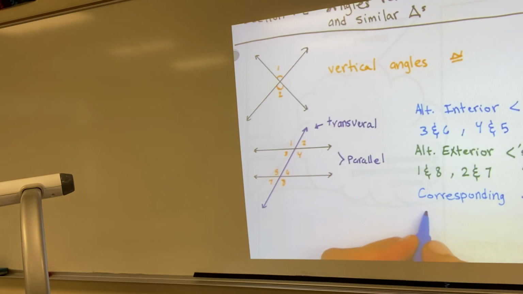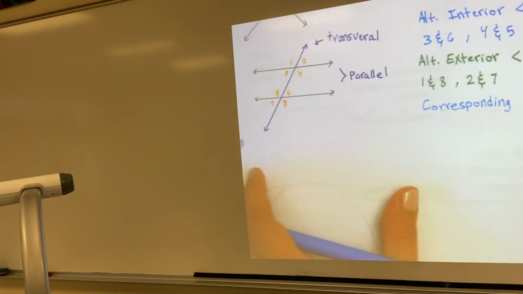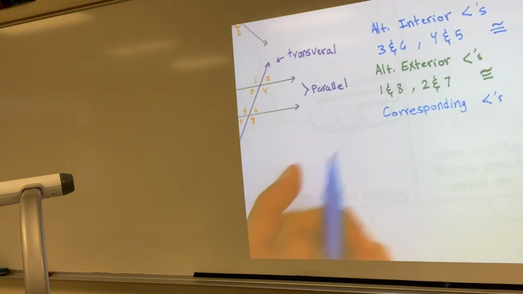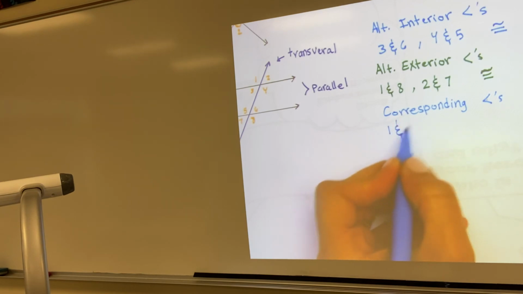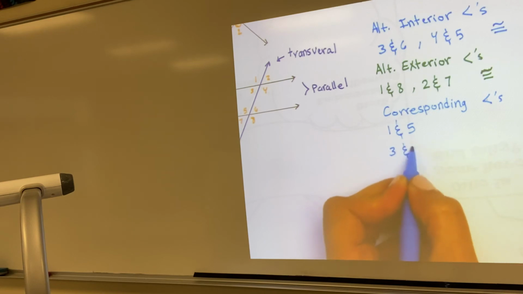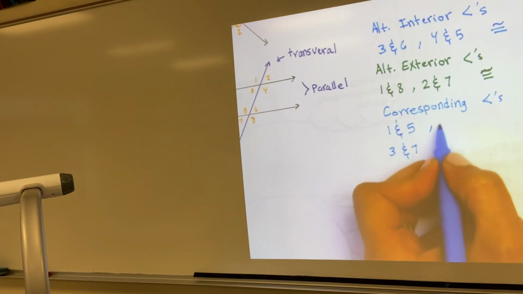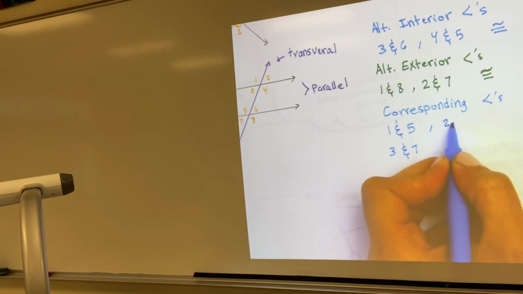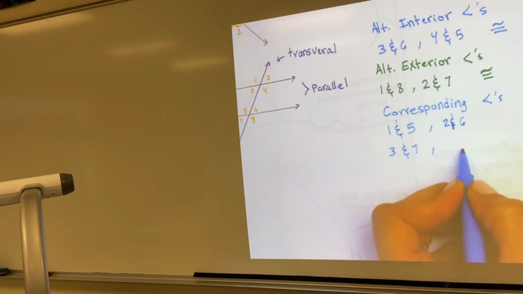So we said angles 1 and 5, 3 and 7. I also have 2 and 6, and 4 and 8.